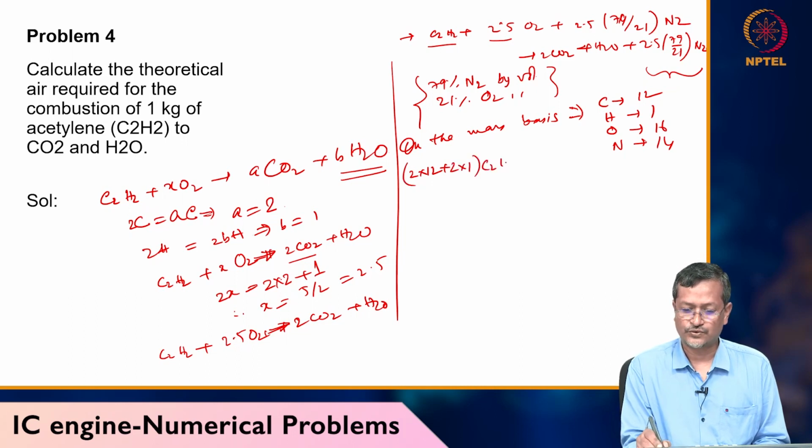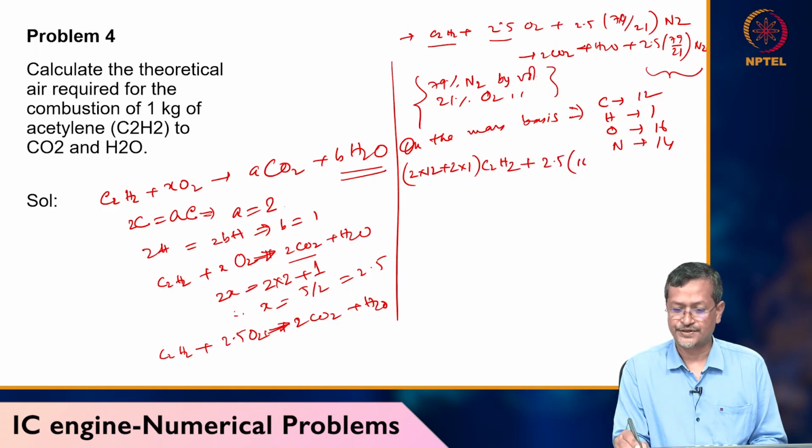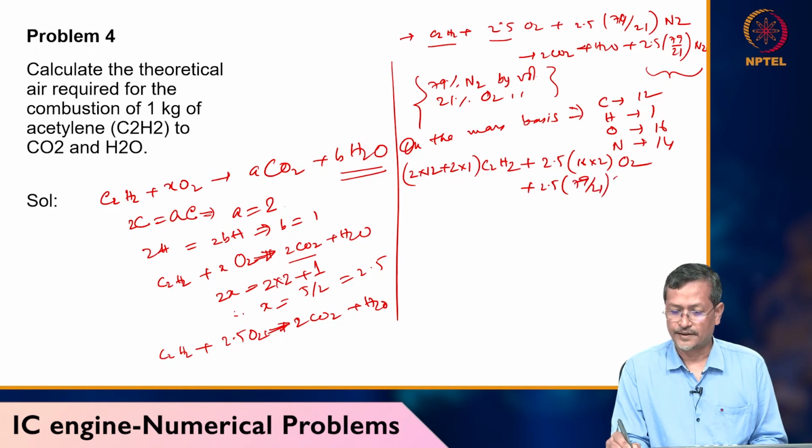So C2H2, this much is the mass for 1 mole, plus 2.5 times, now how much mass is there, 16 into 2 for O2, plus 2.5 times 79 by 21 into nitrogen, 14 into 2.